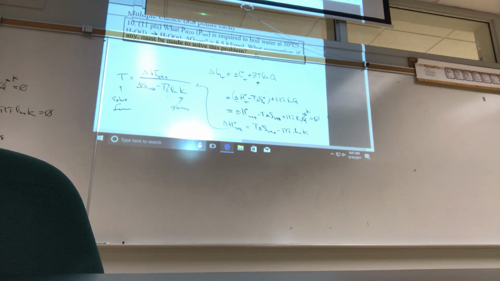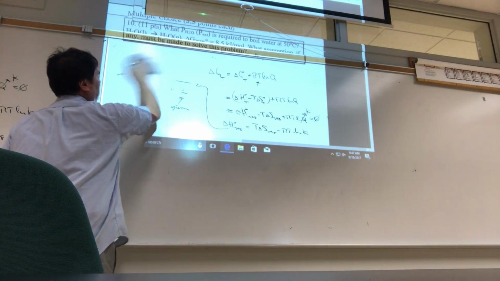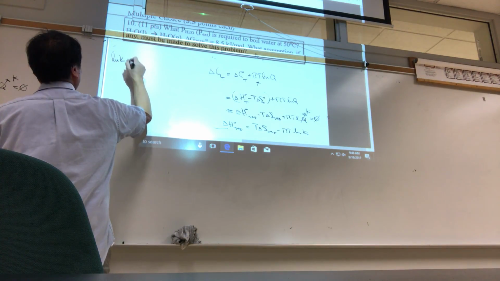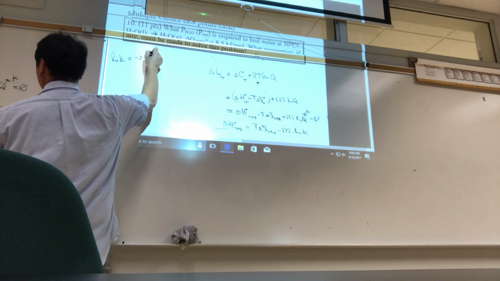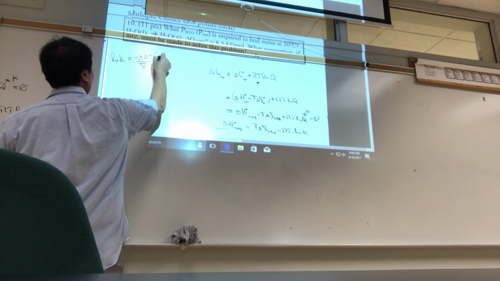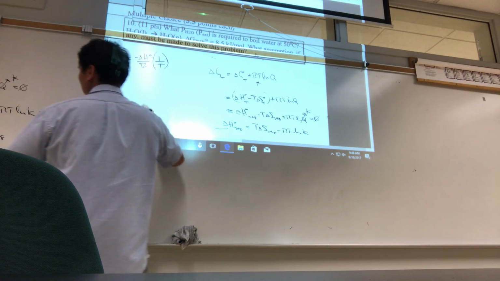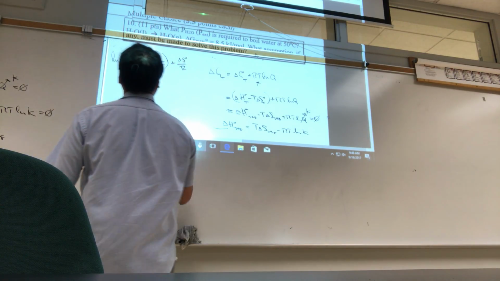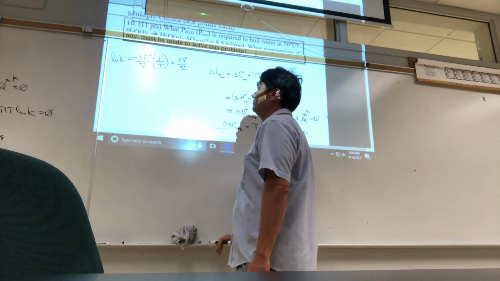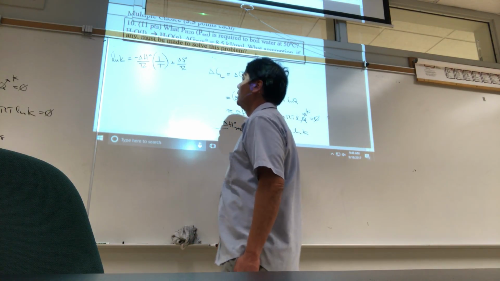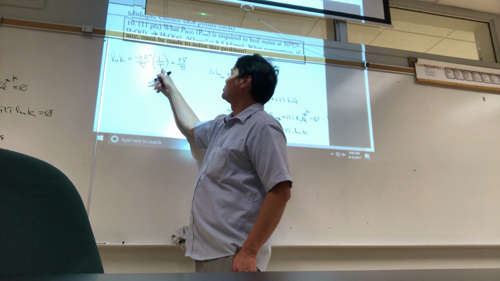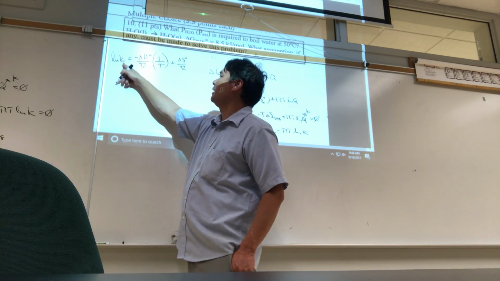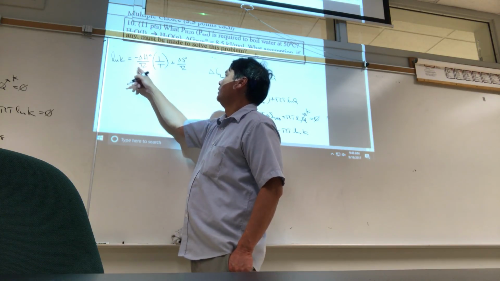Then I'm going to change this a little bit. I'm going to write ln K is equal to minus delta H naught over R, then put 1 over T here, separate that, plus delta S naught over R. So if I know the temperature, I can calculate my K, which would be the inverse natural log of this.